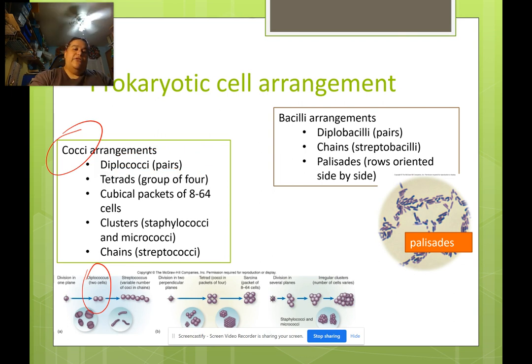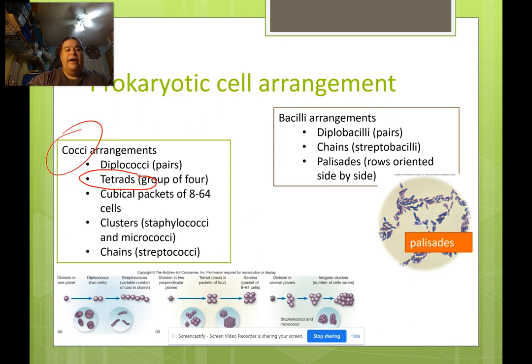You can have tetrads. Tetrads are going to be groups of 4. So if you look here, that's a tetrad. Okay, so tetrad, dyad, or Diplococcus.